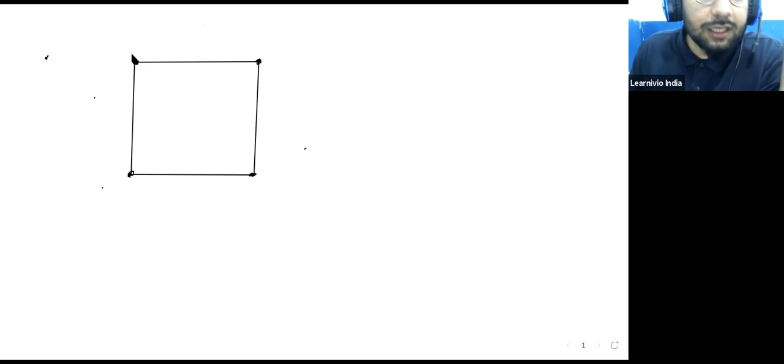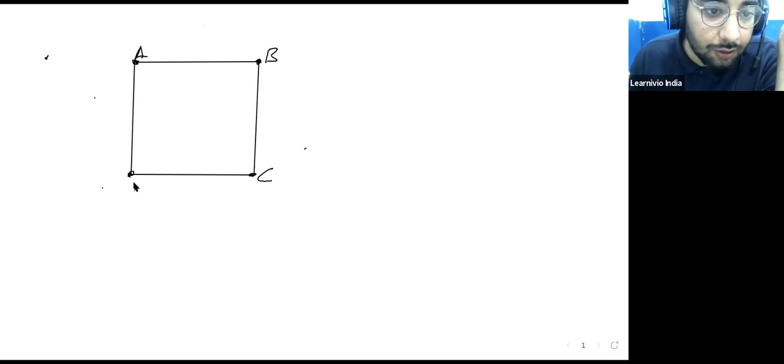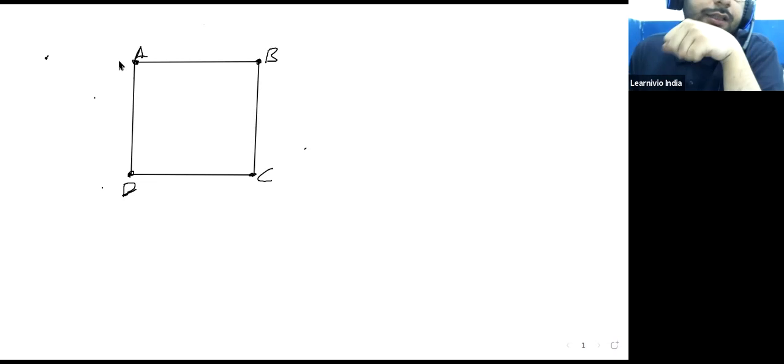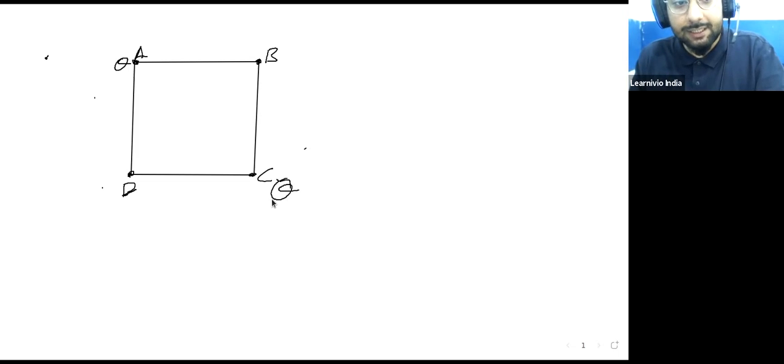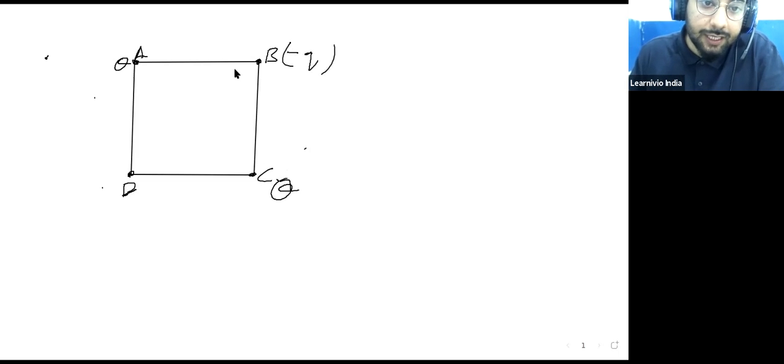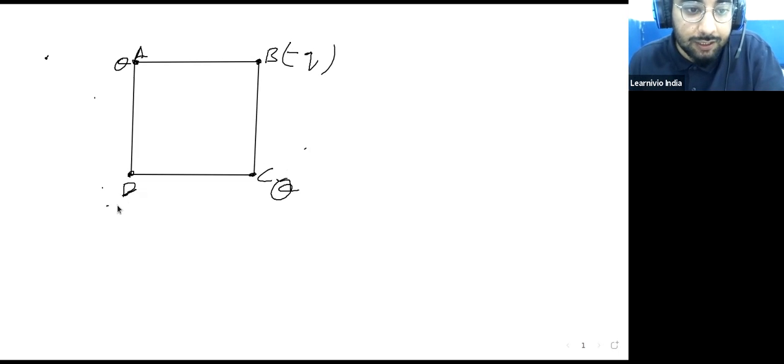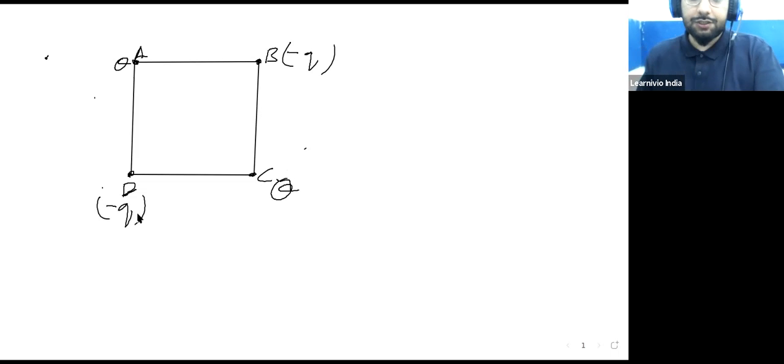Let's call these A, B, C, and D. Let's say you have charge Q on A and charge capital Q on C as well. On B you have a charge minus Q, and on D as well you have the same charge minus Q.